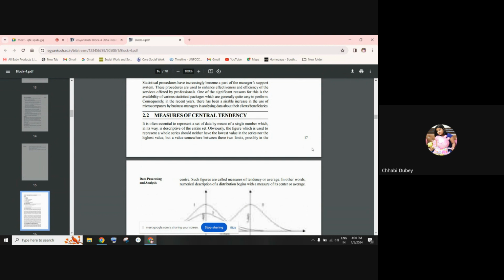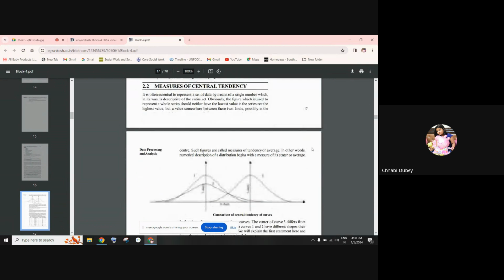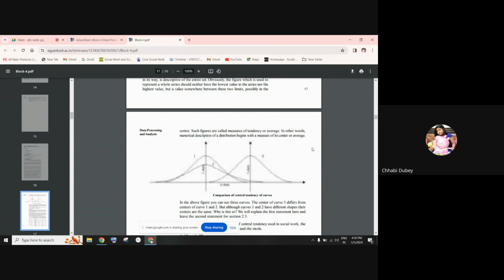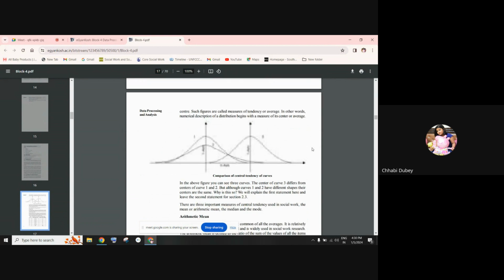Now, measures of central tendency are simply called the average. So you have to take out the average of the values. Basically, that is what it means here. Now, there are basically three types of averages. One is what is known as the arithmetic mean, the second is called the median, and the third is called the mode.